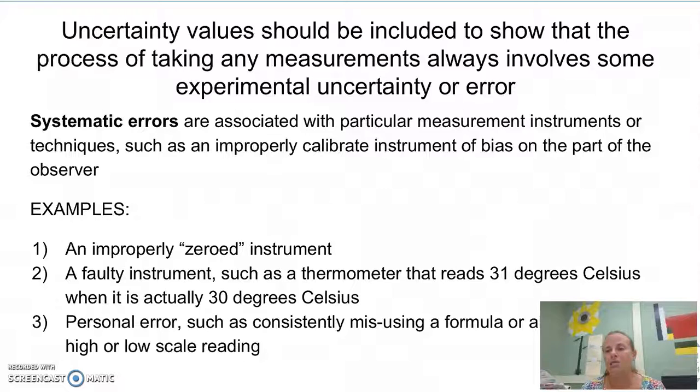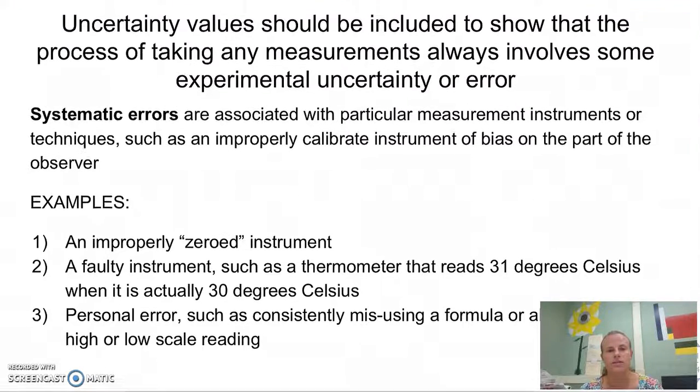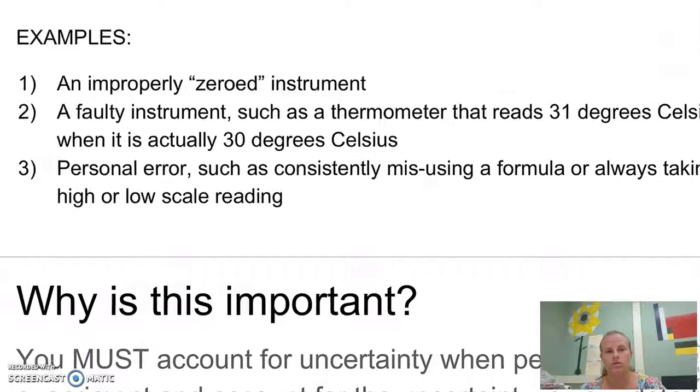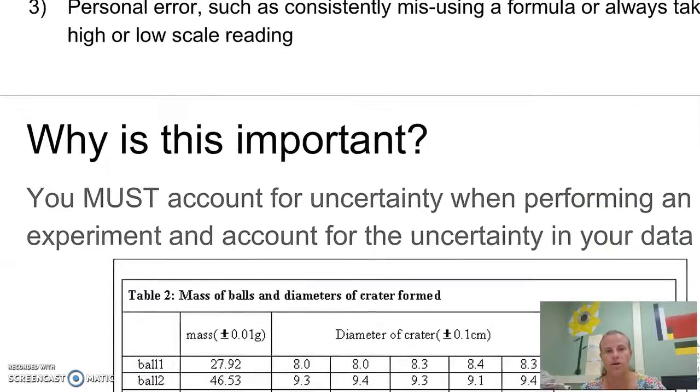Let's say I've got a thermometer and it consistently reads 1 degree higher, or 1 degree lower, than the actual temperature. If I'm calculating something and I consistently plug in the wrong formula, those are examples of systematic errors. And systematic errors will be discussed in your lab write-up.